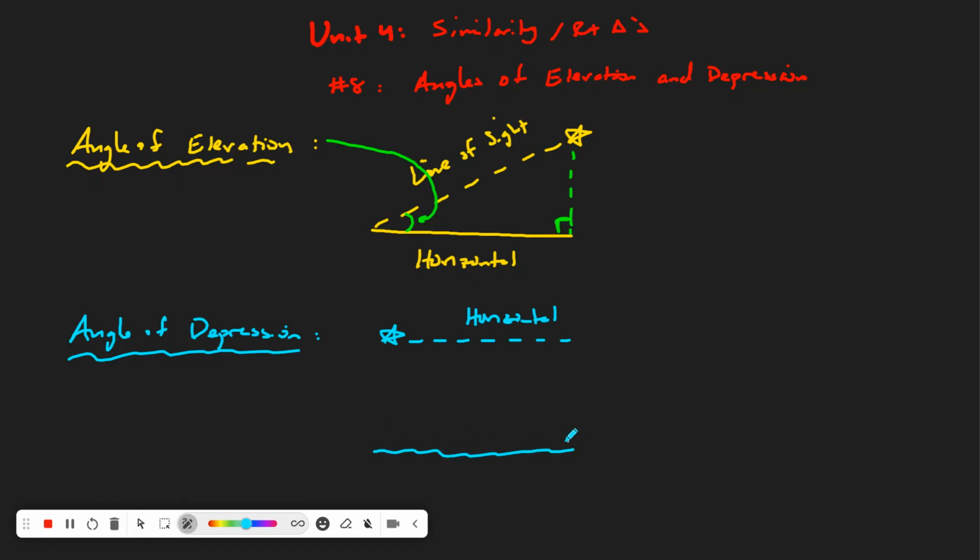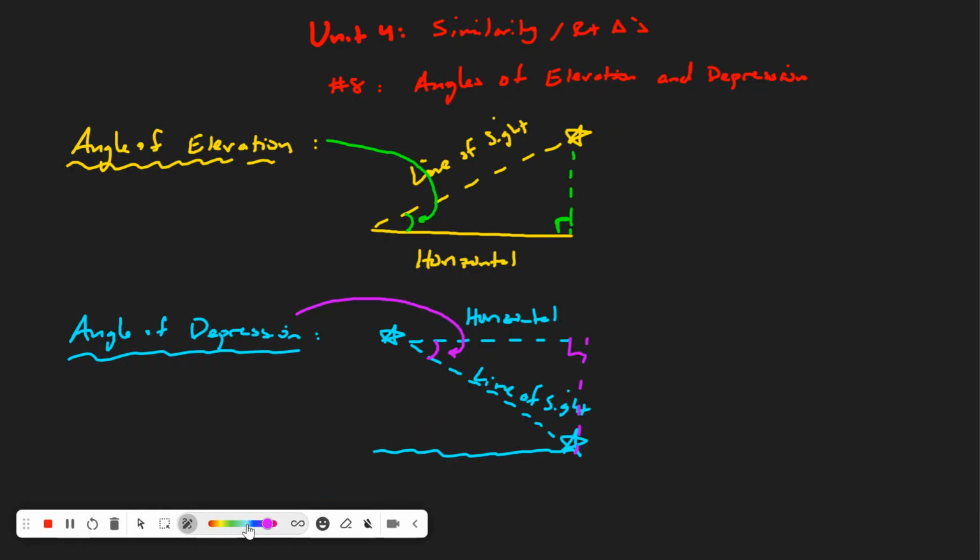So if this is the ground, there's some other objects down here, and we have this line of sight going to that object on the ground. This space right here, created by the horizontal and the line of sight, is where the angle of depression is. Now for this picture, if you go up from your object on the ground, there's my right angle, and there's my right triangle up in the air. So it's a little bit more abstract than the angle of elevation problem.